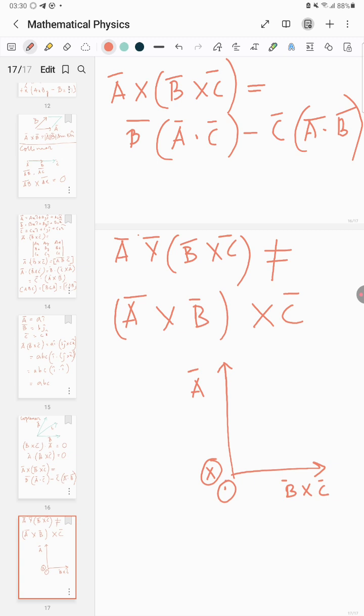Either we take A cross (B cross C) or we take (B cross C) cross A.